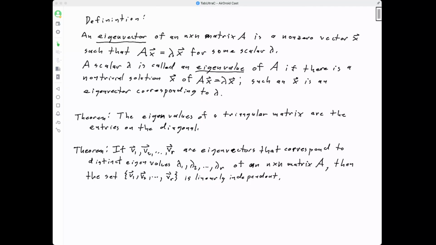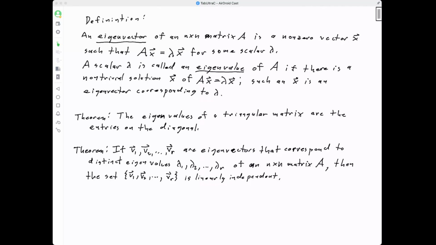When that's true, we call those vectors eigenvectors, and the scalars eigenvalues. Each eigenvalue will have many eigenvectors, but if you look at one eigenvector for each eigenvalue, those eigenvectors are linearly independent.